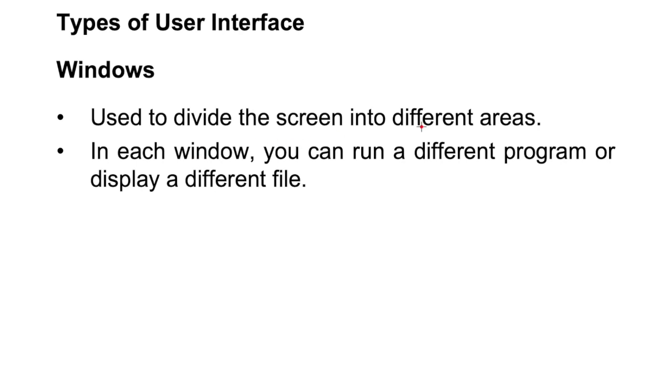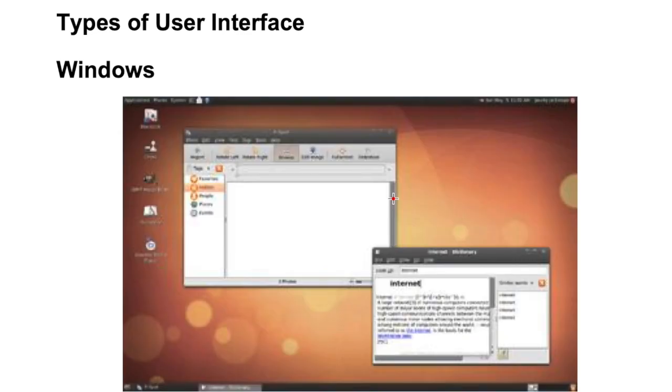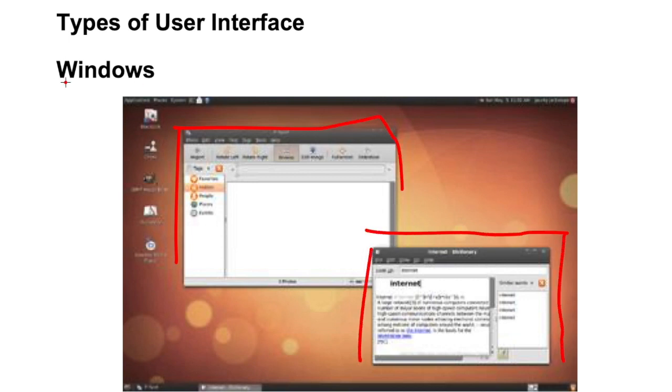Windows are used to divide the screen into different areas. In each window, you can run a different program or display a different file. For example, this is one window, and this is one window, and this is another one. Therefore the name comes, windows.